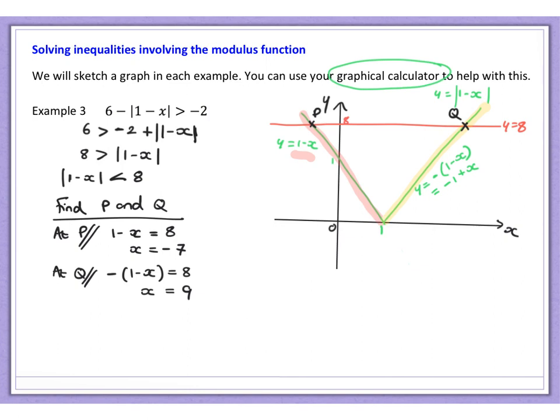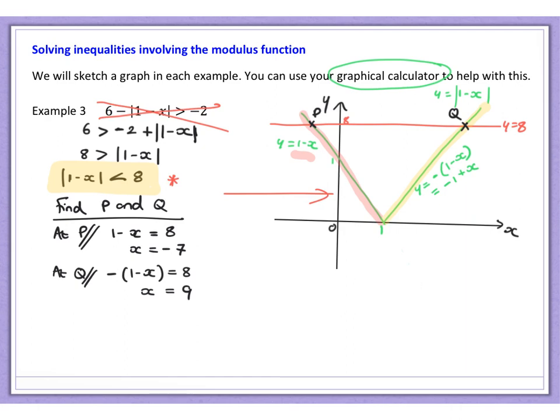Now, I want to solve this inequality here. Remember, we've rearranged the inequality to this. So don't go back to the original question. Go back to the version you rearranged it to, because this graph here matches the graph that we have sketched.